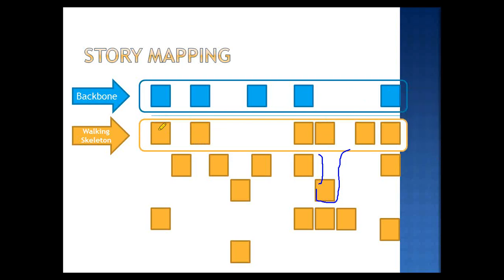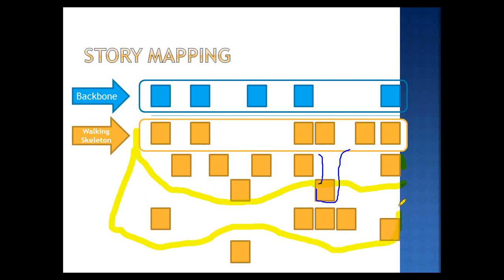Then maybe you go like this and say this is release 2, right? And then this is release 3. And the last thing we'll release is this. This is release 4. So you can see how this becomes a very powerful tool for doing release planning very quickly.